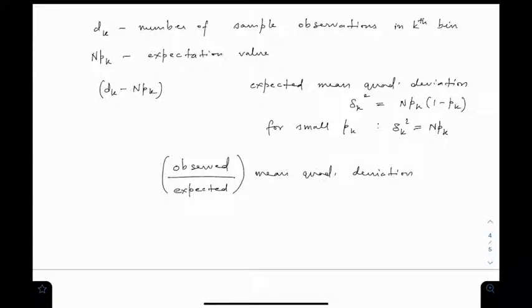That allows us to define chi k square as dk minus n pk, squared, divided by n pk, and then we sum over all bins.